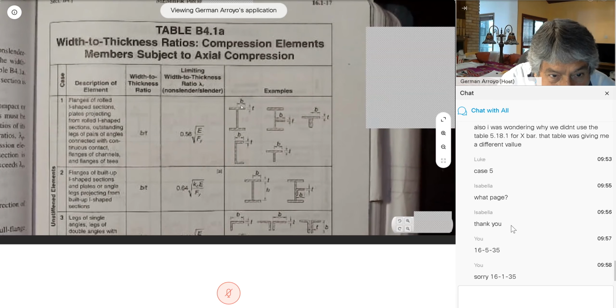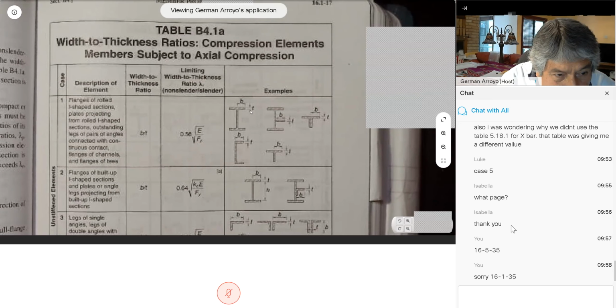So this little b means the flange width divided by 2, so it's going to be b over 2 times the thickness of the flange. But whenever we had a channel, it's the entire width of the channel. So you do have to be careful what the little b means.